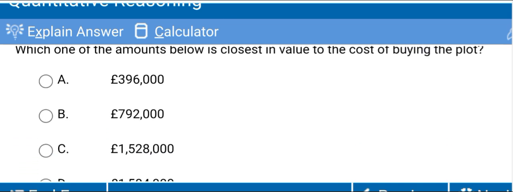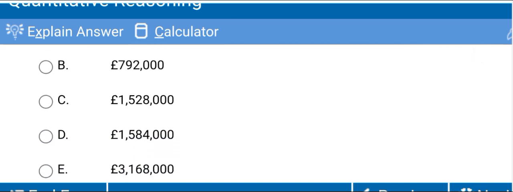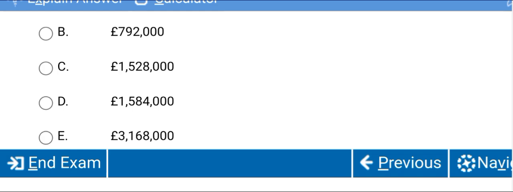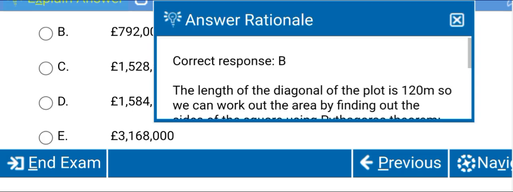Option A, 396,000 pounds. Option B, 792,000 pounds. Option C, 1,528,000 pounds. Option D, 1,084,000 pounds. Option E, 3,168,000 pounds.